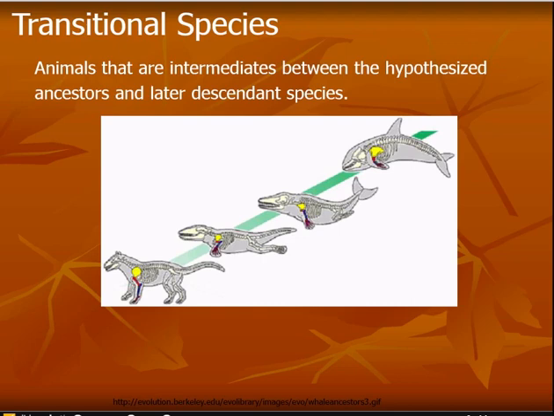And so they've hypothesized that the whale's original ancestor was a wolf-like animal that lived on land. So then the question is, can we find fossils in between that wolf-like animal and today's modern whale that show it transitioning over time from one animal into the next? And the answer is that they actually have found quite a few transitional species between the wolf and the whale.